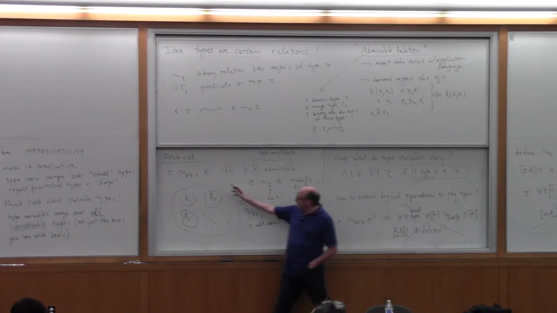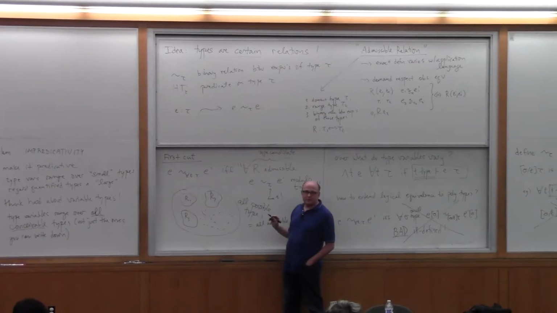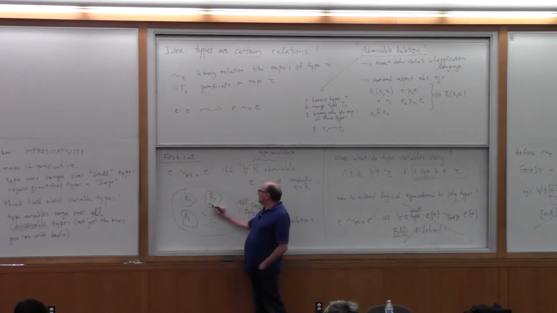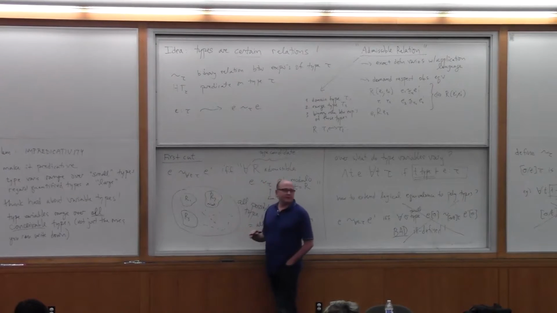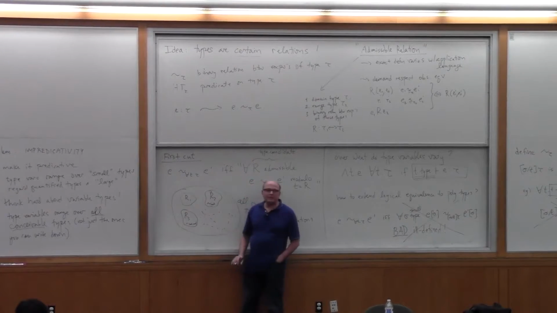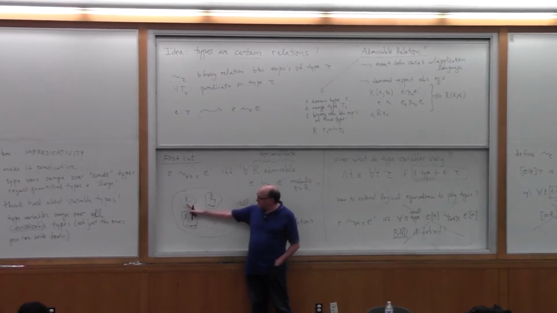So I've got this big soup here, that's all possible types. Amongst all the possible types are things like twiddle gnat, that's in there, okay? And maybe here is twiddle gnat arrow gnat, but maybe here is something that nobody ever heard of, okay? In other words, you've never written it down syntactically. Not only that, you can't, because these relate to things of the same type. But these relations in general relate things of different type.